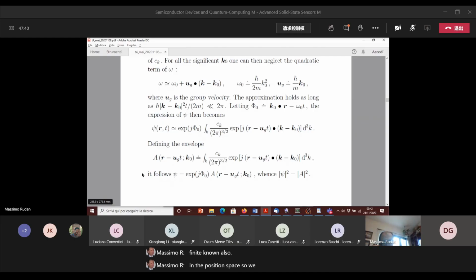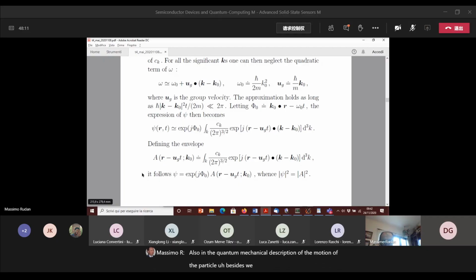So we can define a center of the wave packet also in the position space and think of it as the position of the particle. Okay. So slowly we can recover this concept of position and momentum, although with some approximation, also in the quantum mechanical description of the motion of the particle.